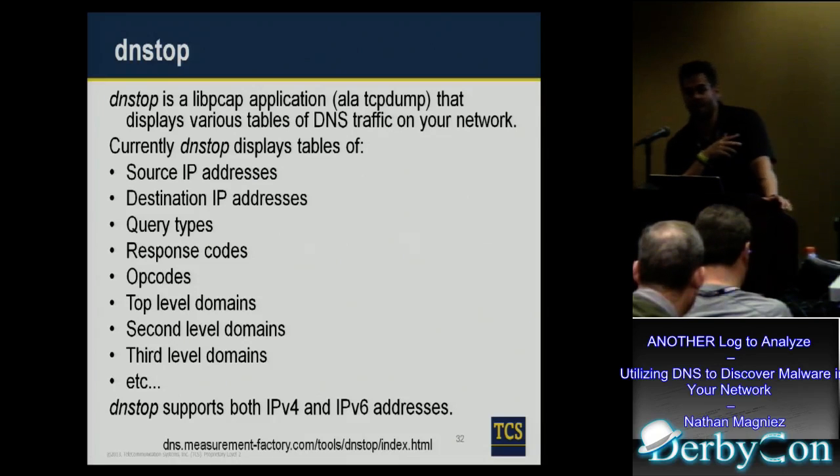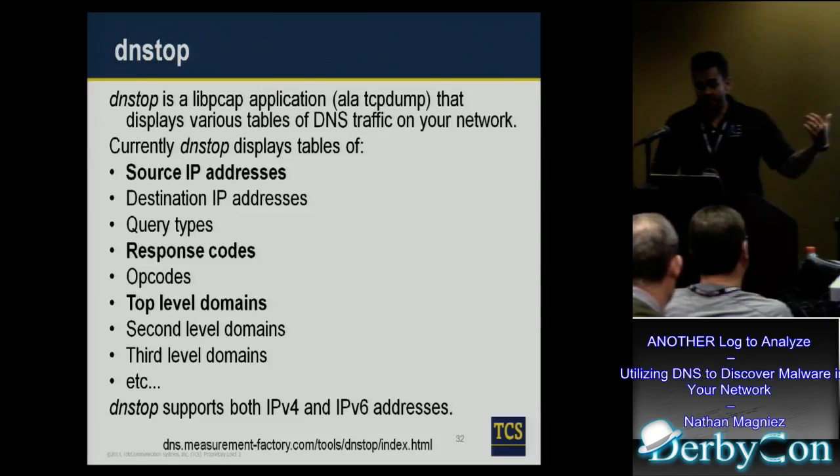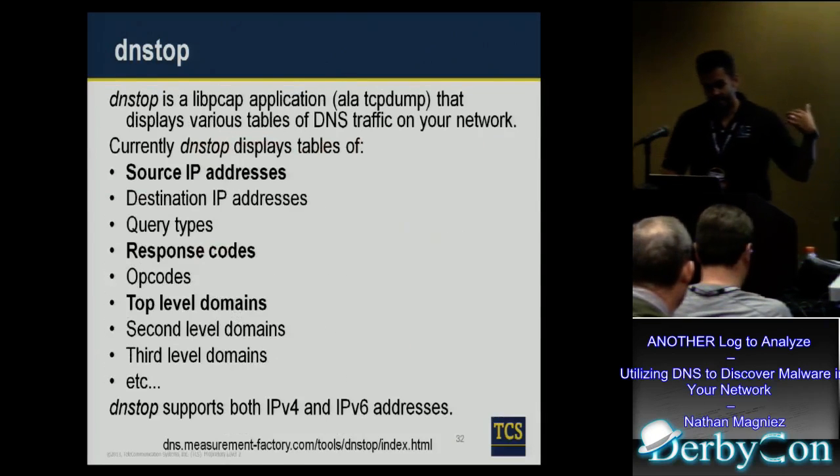DNSTop supports both IPv4 and IPv6 addresses as well. However, it does not support TCP. So specifically out of that list, source IP address and response codes, and then the top level domains was what we pretty much highlighted earlier.